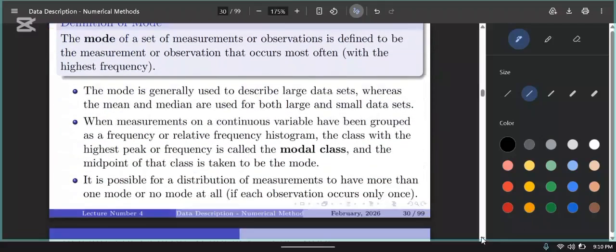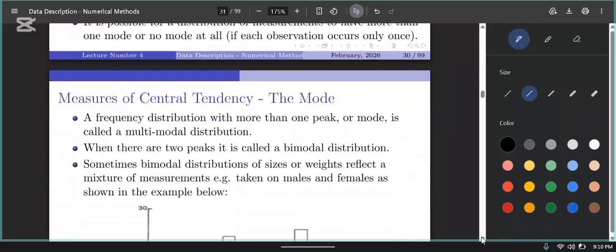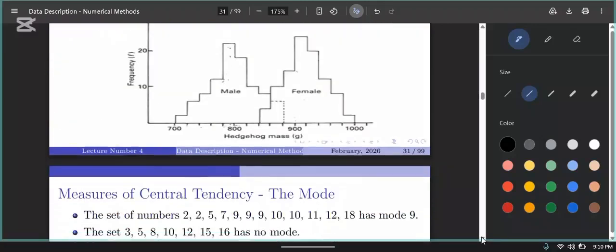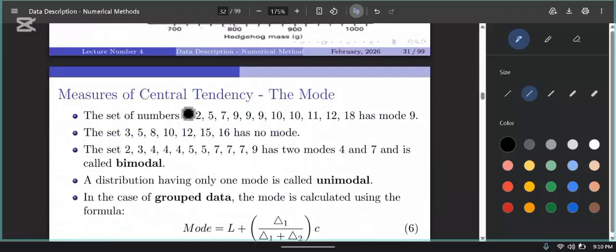So for ungrouped data, like here, this data is ungrouped, you just look at which number appears the most. You can see it is 9. 9 appears 3 times, so 9 is the mode. Now for the mode, you can have more than one mode. Sometimes you can have two modes, if two numbers appear the same number of times.